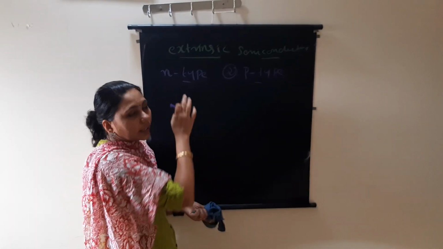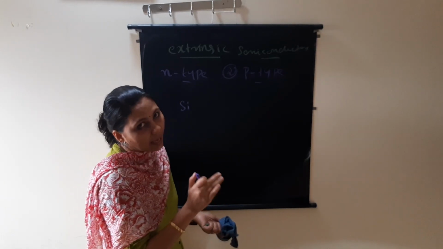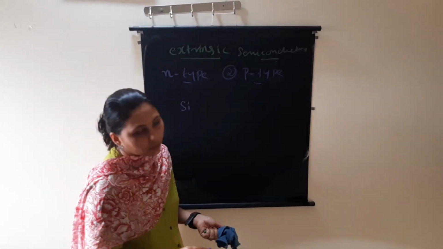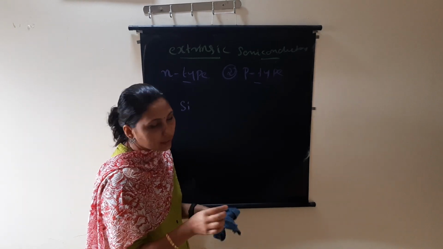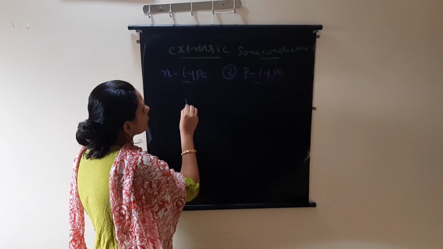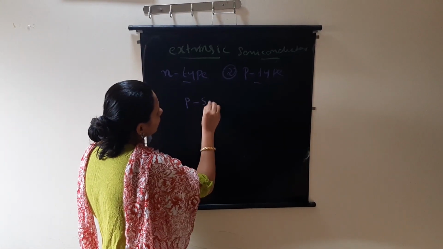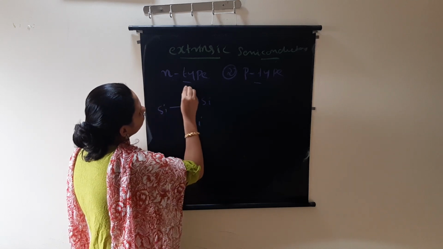So in N-type we are using dopants having higher valency, like which one? Phosphorus. Phosphorus has valency 5. So if we are adding phosphorus, this phosphorus will combine with one silicon, second, third, fourth.